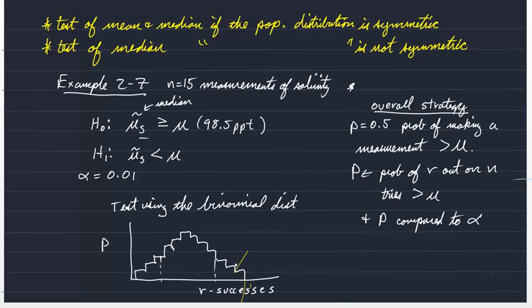So in the right-hand tail, if the population sampled has a greater central value, then the R will tend to be in this region.